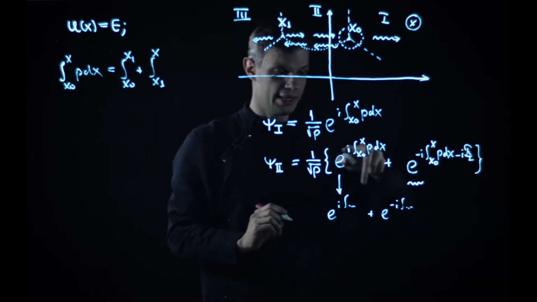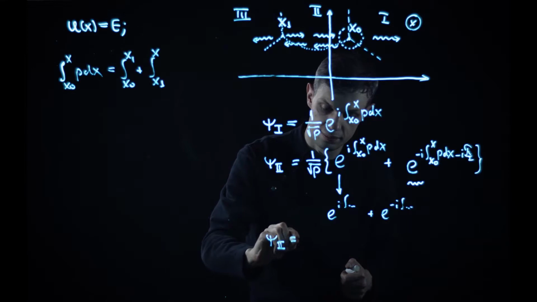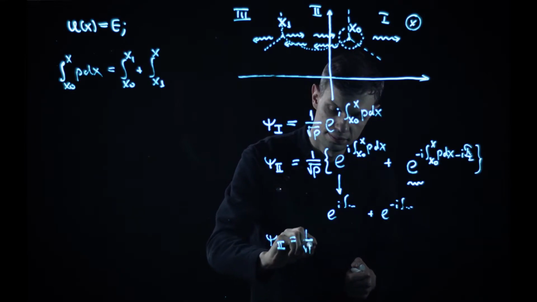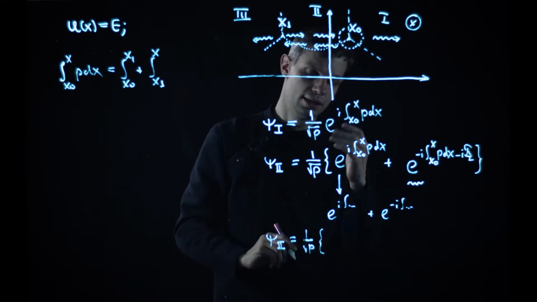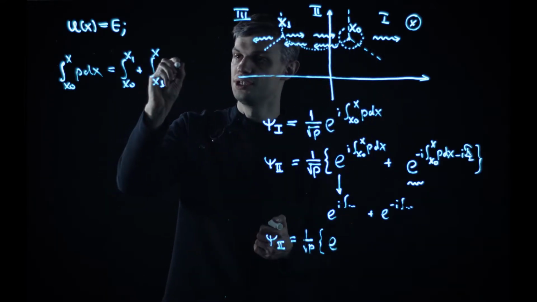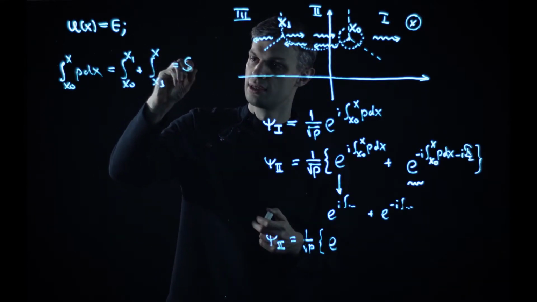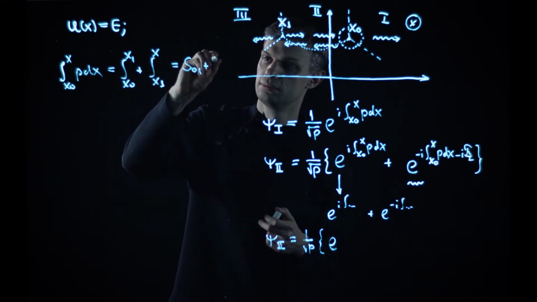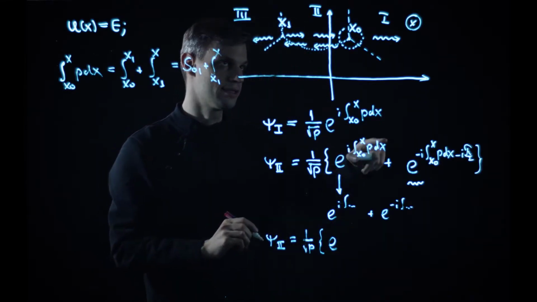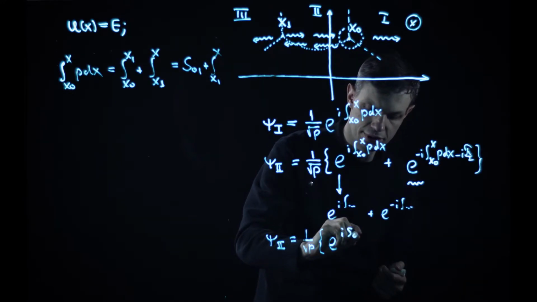And we rewrite this solution in the following fashion. We introduce the semi-classical phase, which is an integral from x0 to x1. Let's denote it as 0, 1. And the solution in region 2 is rewritten as follows.